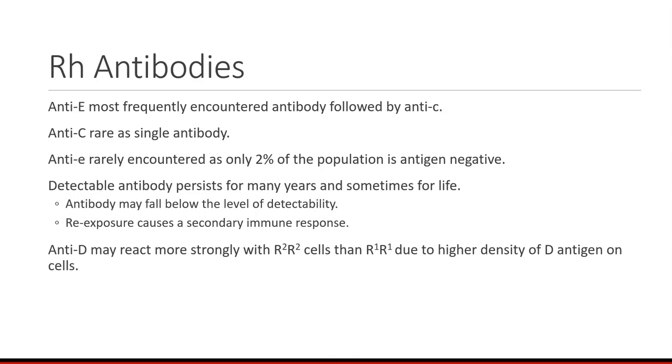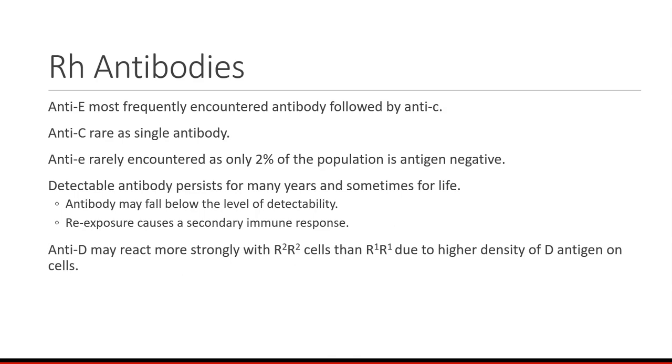Detectable antibody persists for many years and sometimes for life. The antibody may fall below the level of detectability. What that means is you do the antibody screen, it's negative, and then you transfuse the person, and due to re-exposure, this will cause a secondary immune response.